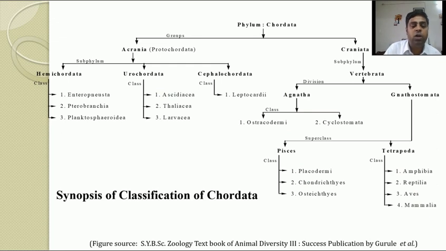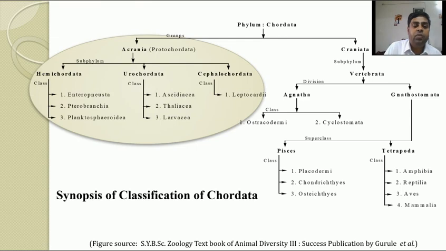So this is the synopsis of classification of phylum chordata. Phylum chordata is divisible into two groups, Acrania and Craniata. Acrania is also referred to as protochordata, while Craniata is also referred to as euchordata. Among the Acrania, this group is also referred to as lower chordates, or in other words protochordates, in the sense they are primitive chordates.